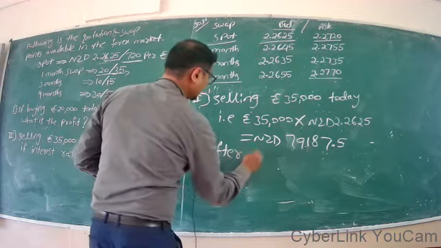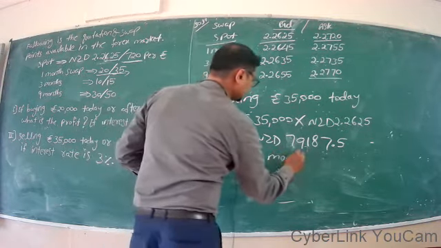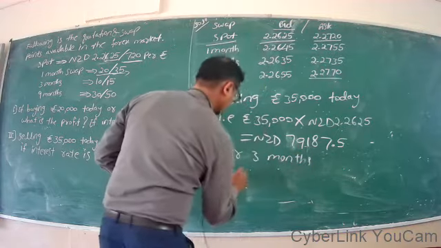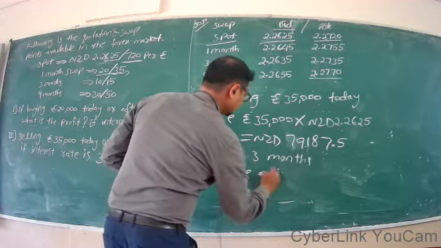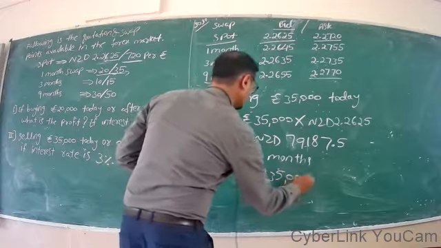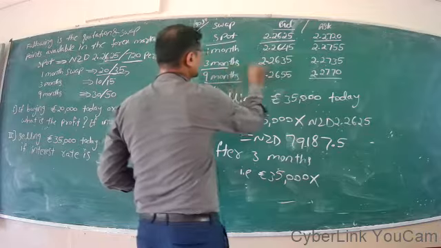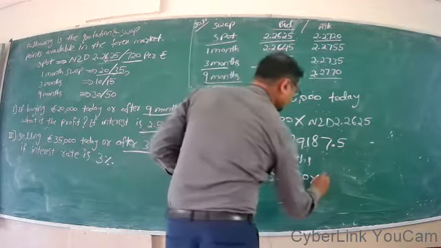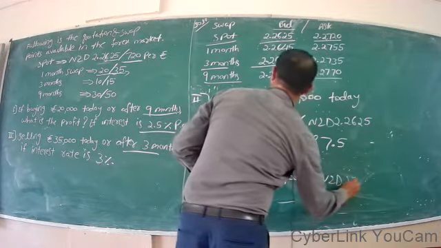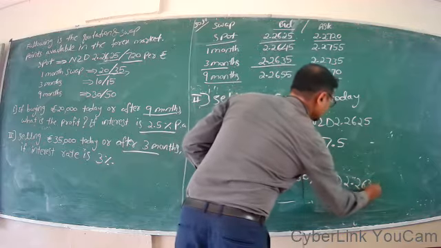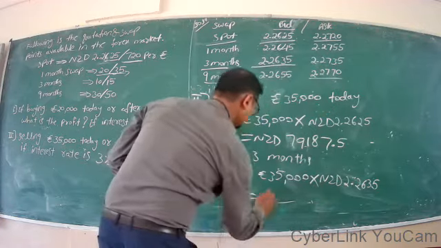If you are selling after 3 months, that is 35,000 euros, after 3 months the market's buying rate, the 3 months bid price, is New Zealand dollar 2.2635.